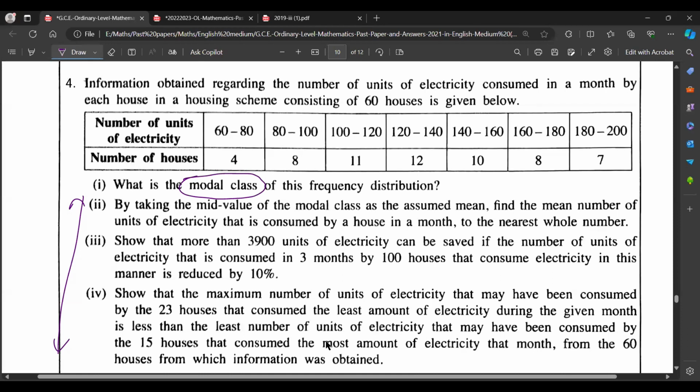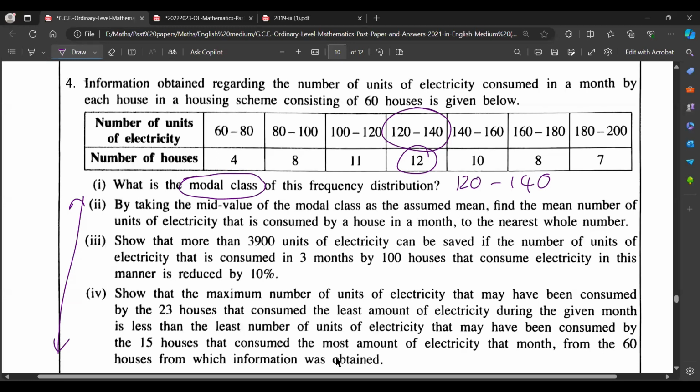So according to these values, the highest frequency is 12. So the highest frequency class is 120 to 140. You have to write that: the modal class is 120 to 140.